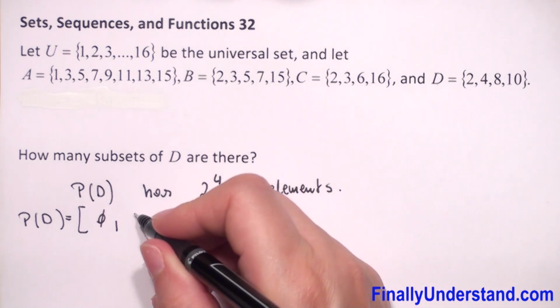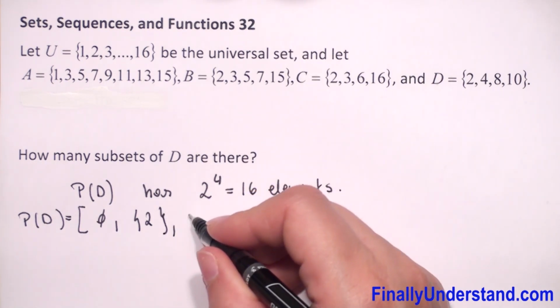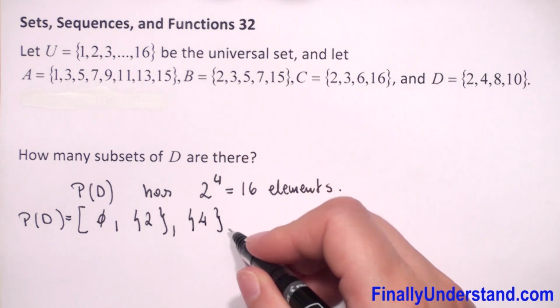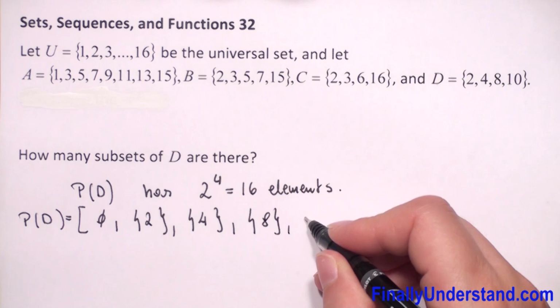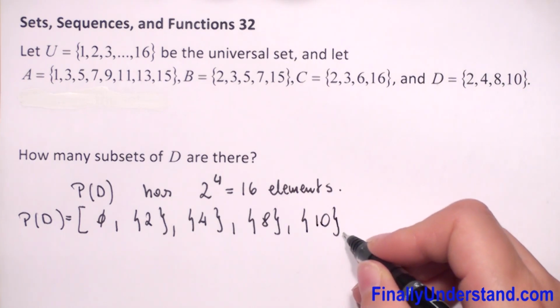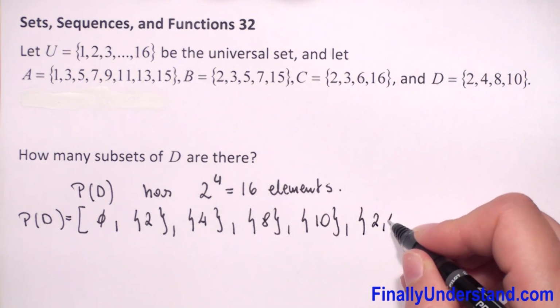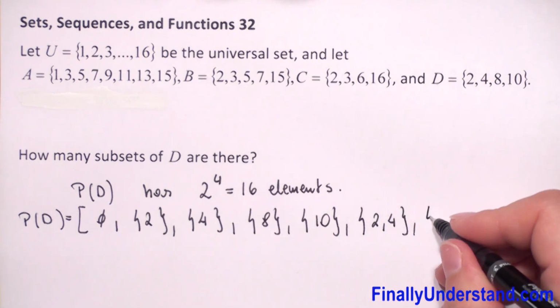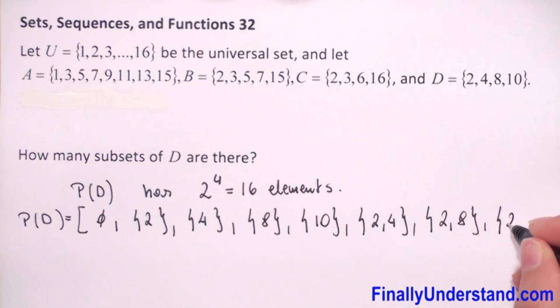Next, we have to look at elements of set D. We have 2, so 2 is a subset of D. 4 is a subset of D. 8, 10, and next we can have combinations like 2 with 4, 2 with 8, 2 with 10, and we do not repeat, like 10 and 2, it's the same, or 8 and 2 is the same.